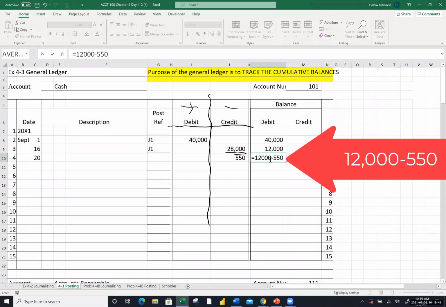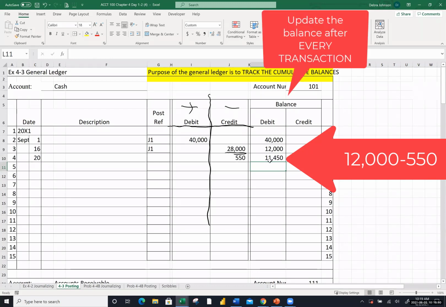Your balance in that account should now be 11,450. How did I get that? The balance before it, 12,000, minus, because remember, credits pull assets down. So a credit to cash would have pulled my cash balance down to 11,450.